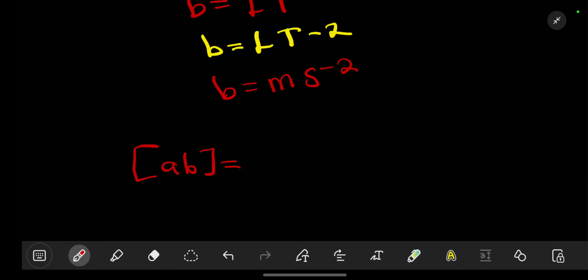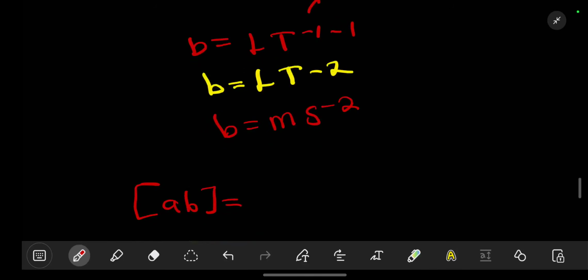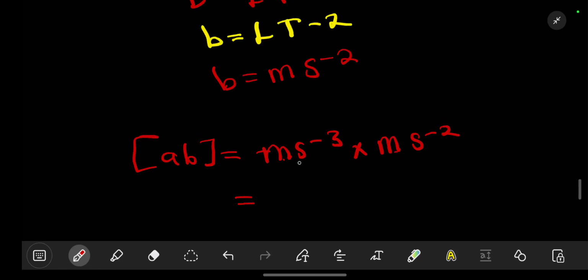So AB is equal to, we know that our A is equal to meter seconds to the power negative 1. So we are going to write meter seconds to the power negative 3, times B, which is meter seconds to the power negative 2. So meter times meter will be meter squared, then seconds to the power negative 3.